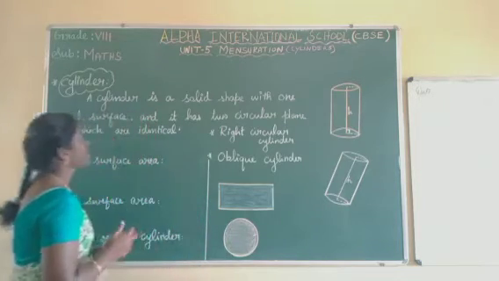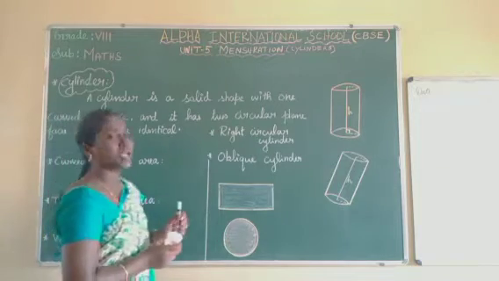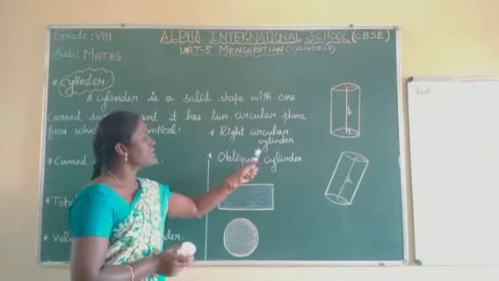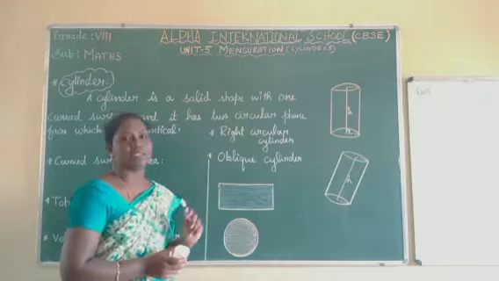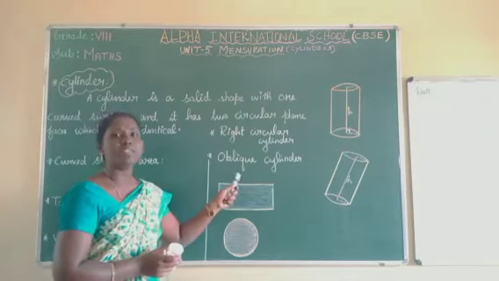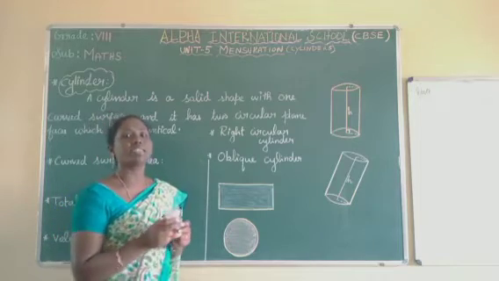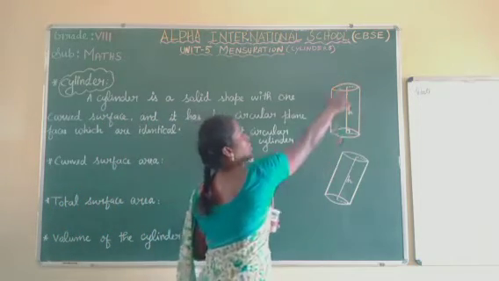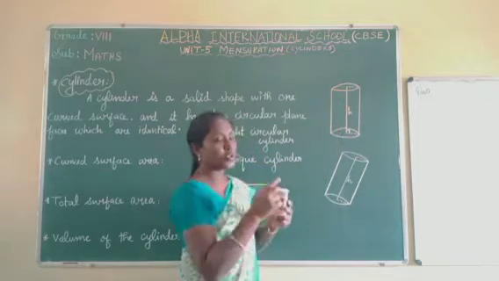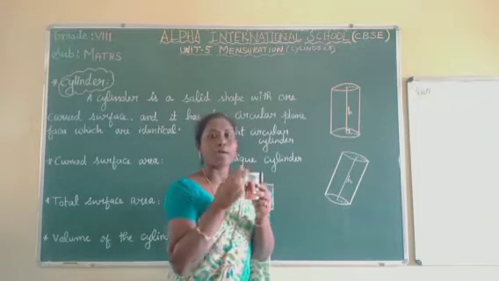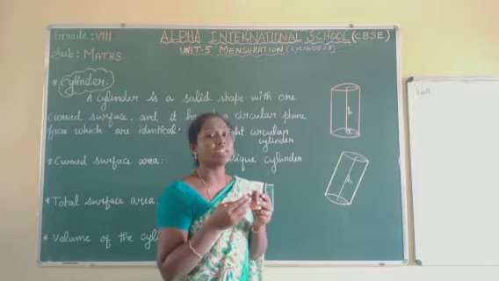Okay, now see, we have two types of cylinder. One is the right circular cylinder, the other one is the oblique cylinder. What is the right circular cylinder? A right circular cylinder has two circular faces, one at the top and the other at the bottom, which will be at a right angle.